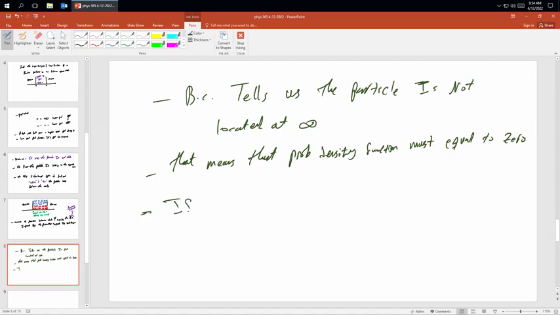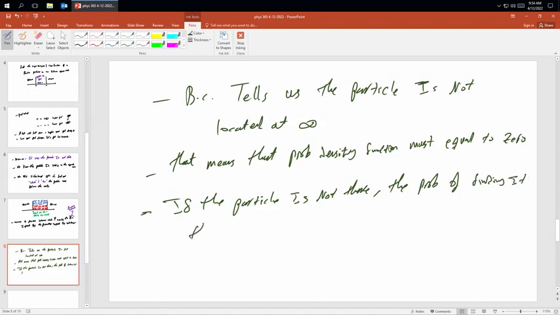Which makes sense, right? If the particle is not there, that means the probability of finding it there will be 0.